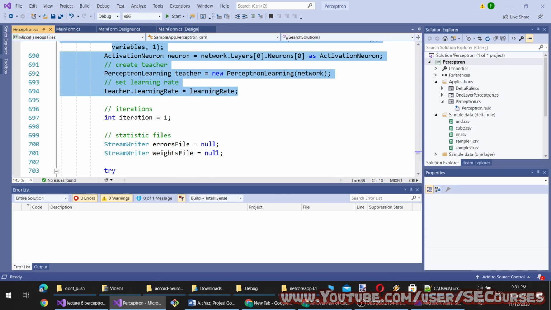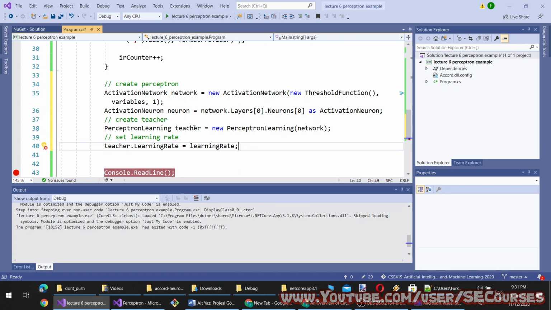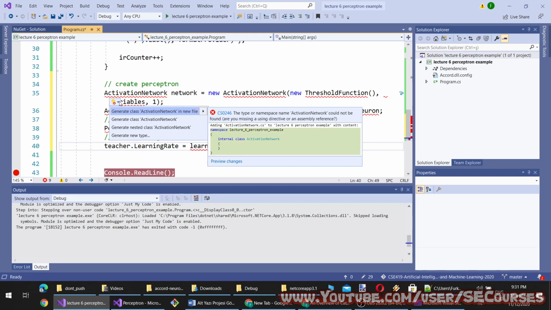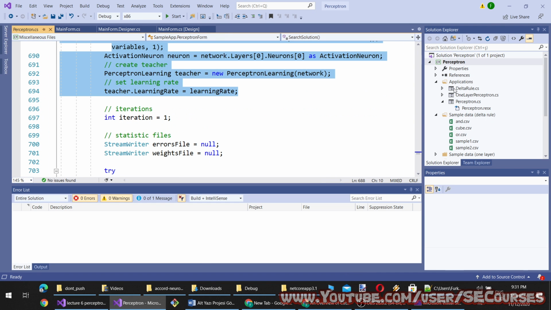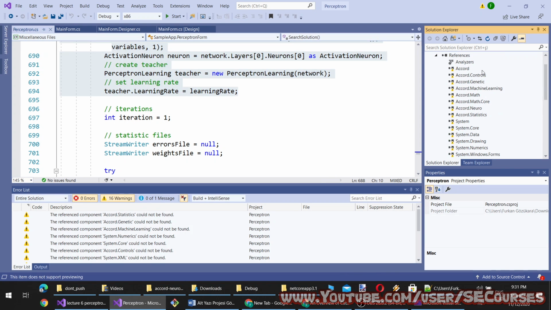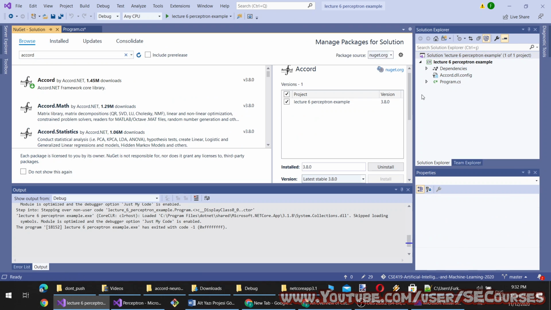Okay, let's go step by step. This will require me to use the activation network. This is inside the Accord reference. Okay, Accord machine learning. Let's get that library as well from NuGet.